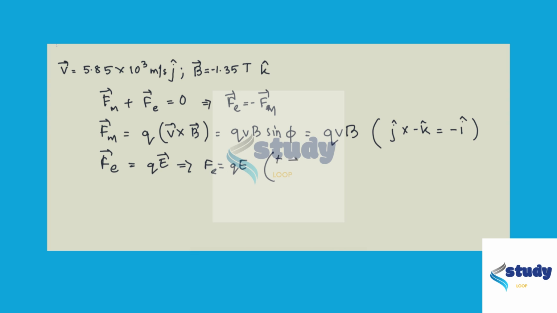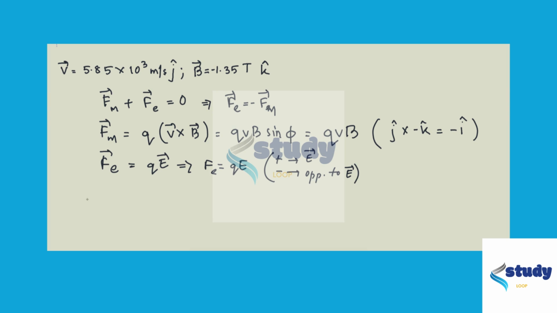If charge is positive, this is along the electric field. If charge is negative, this should be opposite to the electric field. And for our case, we want the direction of this force to be along positive I, that is opposite to the direction of Fm.